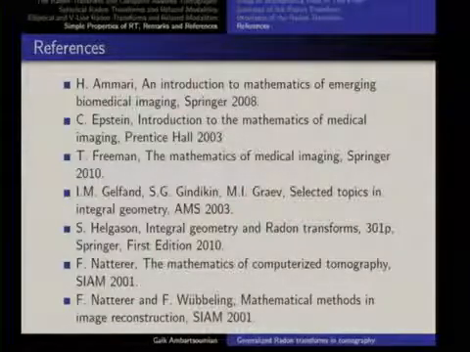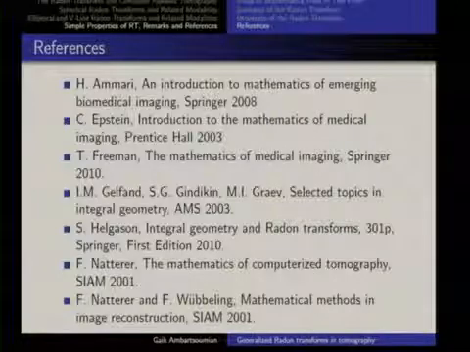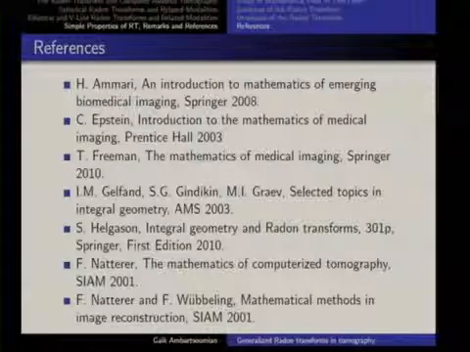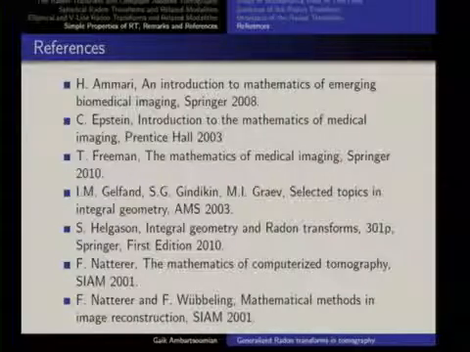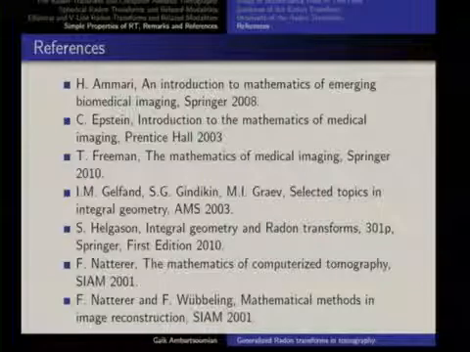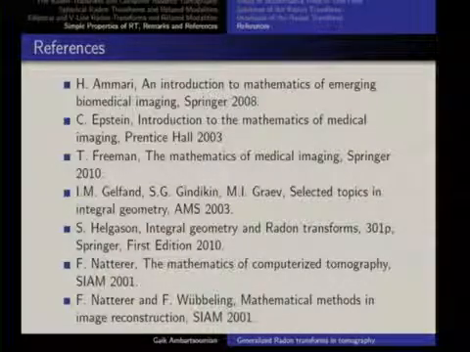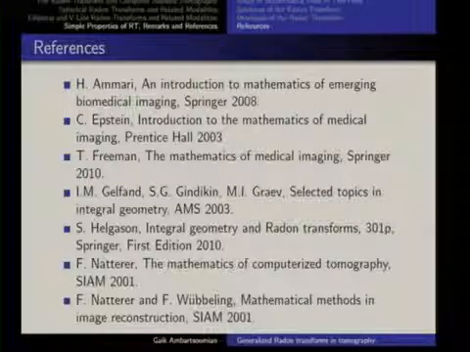Helgason's book is a comprehensive book on the Radon transform, very nicely written, a little bit harder to read, in my opinion, than the Natterer books. Gelfand, Gindikin and Graev is a very nice book on integral geometry. Integral geometry, by the way, is a term that has two different meanings, and this is, not surprisingly, the Gelfand sense of integral geometry, which is the part of inverse problems that deals with recovering functions from their integrals along curves, surfaces, hypersurfaces, submanifolds, and so on.